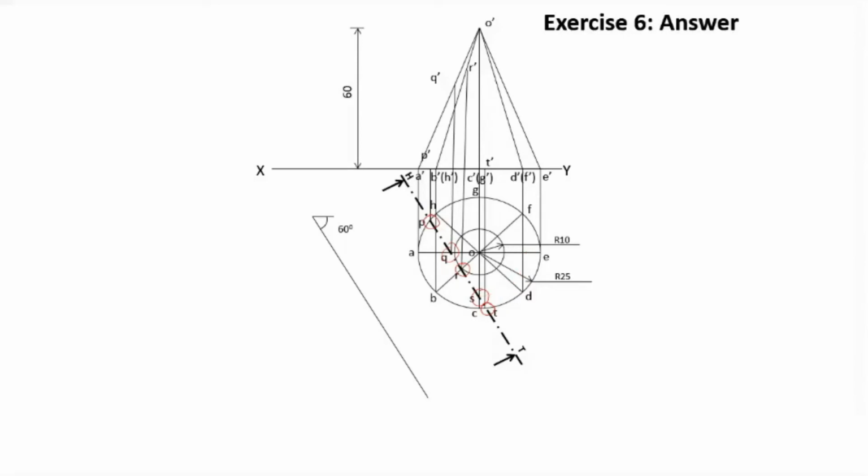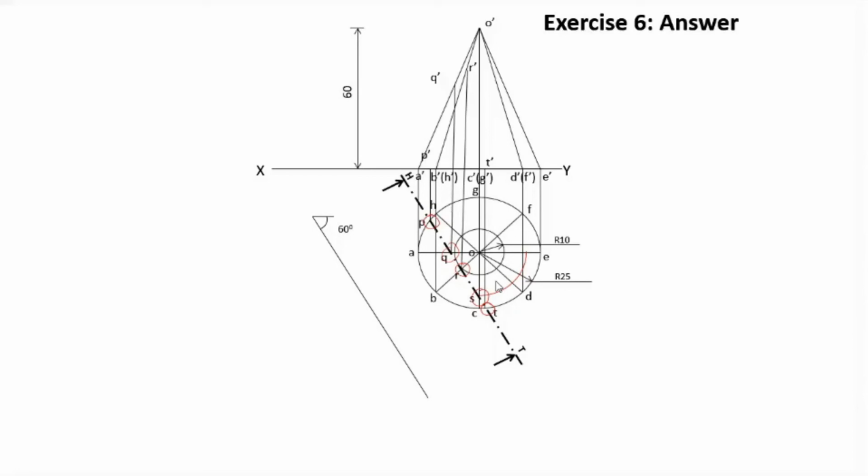It is with O as center and OS as radius. We draw a semicircle, a quadrant of a circle, so that it intersects with the top view of the generator OE.